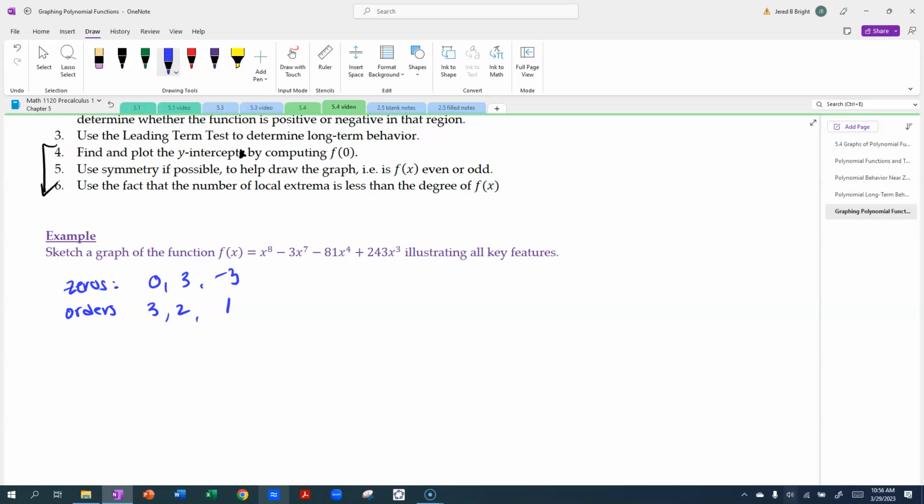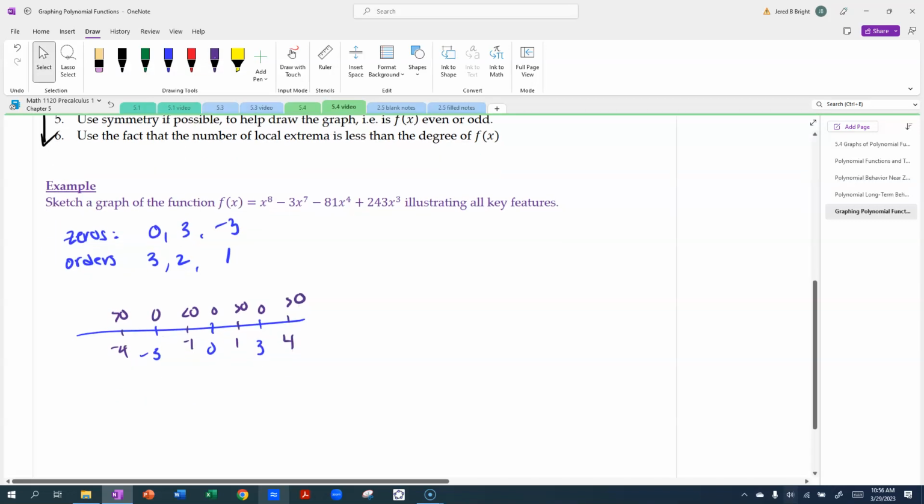Then here is our number line with our zeros, negative 3, 0, and 3. We took test values: negative 4, negative 1, positive 1, and positive 4. We found it was greater than 0, then less than 0, then greater than 0, greater than 0.